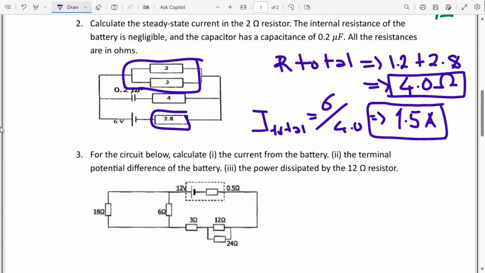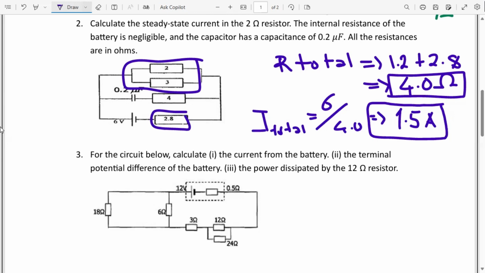This current flows out of the battery and through the 2.8 ohms resistor. From there, it splits between the 2 and the 3 ohms resistors, since these two are parallel to each other.